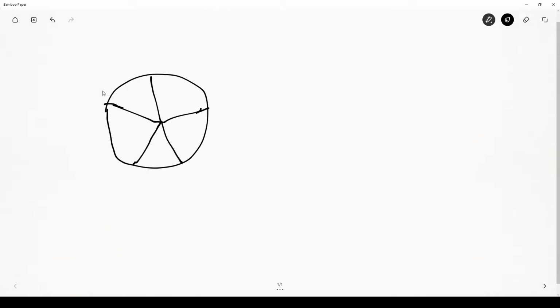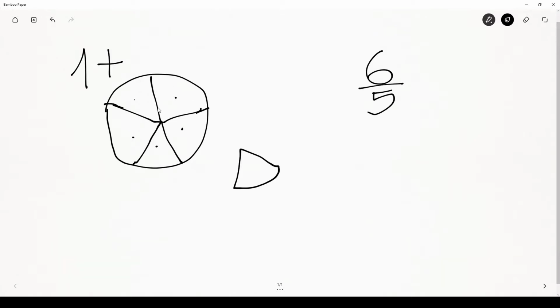So if this is a cake which is divided in 5 equal parts, and I say I have 6/5 of this same cake, what does it mean? It means we have these 5 pieces of cake plus 1 extra piece of cake. It's the same as this whole cake plus a little piece of cake, which is 1/5.